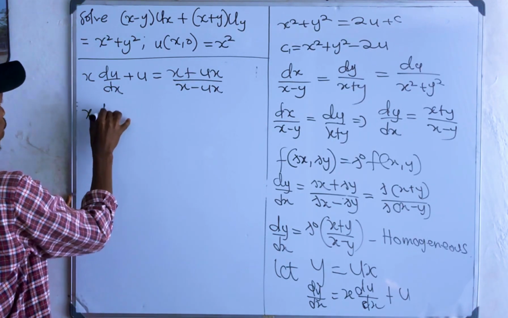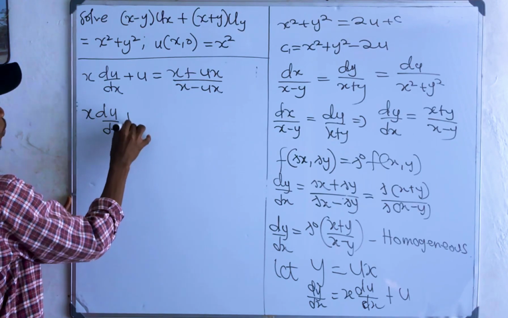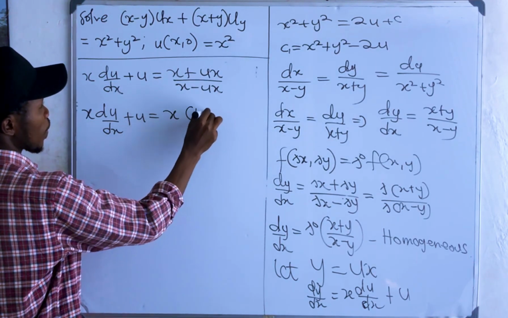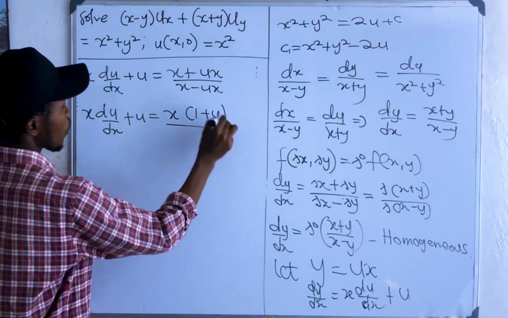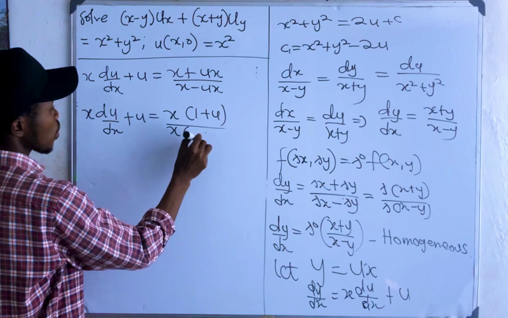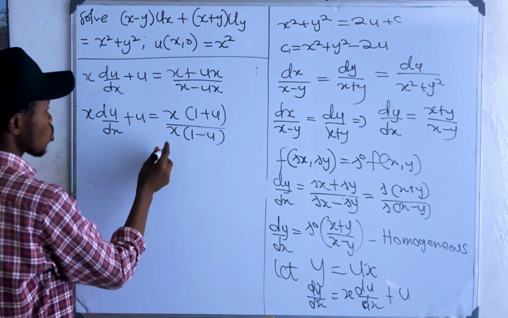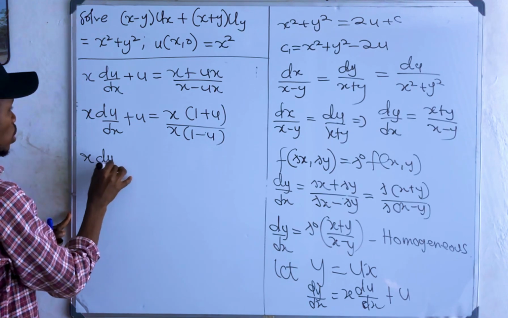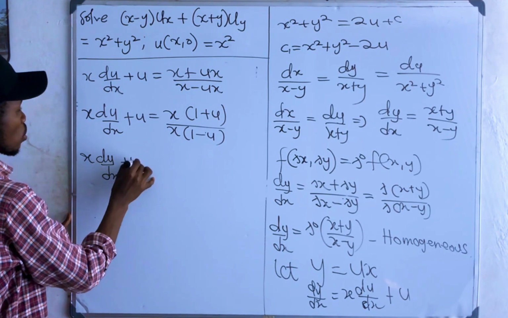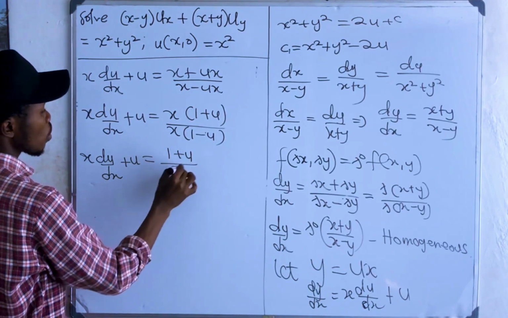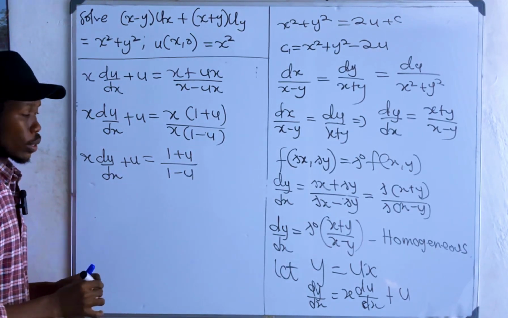So if I factorize x out, I'll have 1 plus u. If I factorize x out, I have 1 minus u. So you could see that this and this will cancel, leaving x du dx plus u equals 1 plus u over 1 minus u. Is that okay?